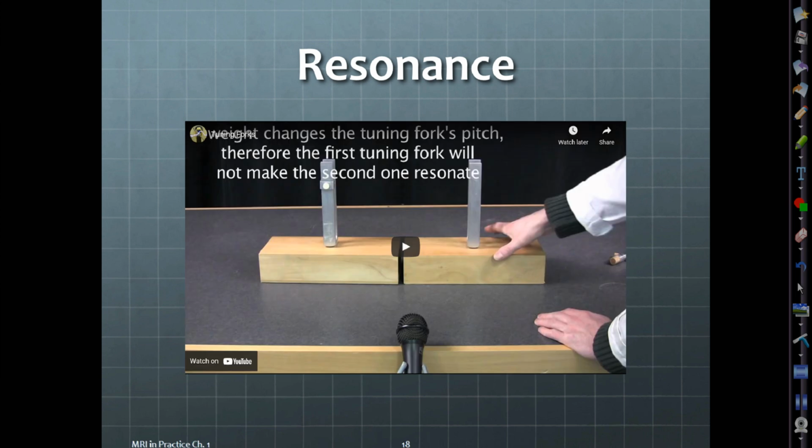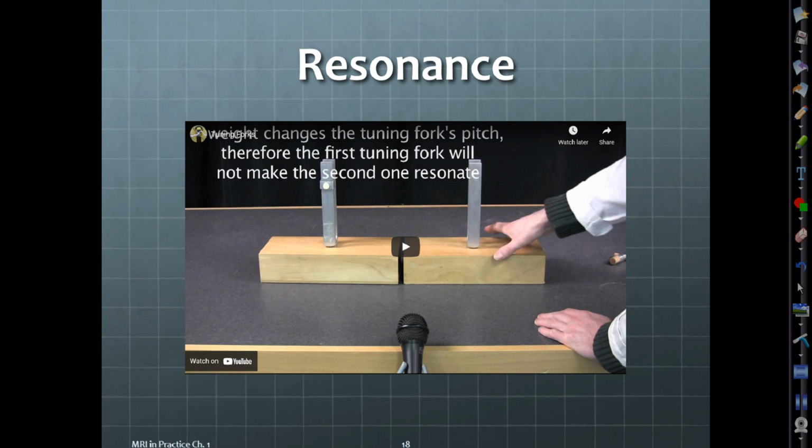So here is a YouTube video that is a good example of how the concept of resonance is applied and how it works. In this video, we have 2 tuning forks. In the first example, I believe they're set at different tunes, like a C note and a D note.